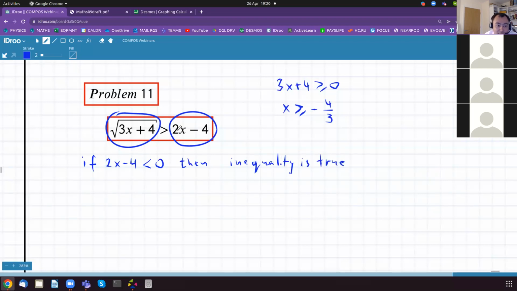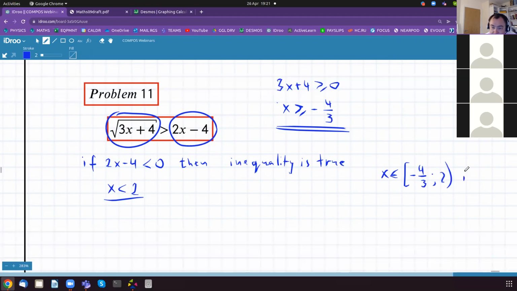It has to be, because if it's a negative value, and this is positive, positive is always bigger than negative. So x is less than 2. All right, so x is less than 2, and so the function only exists if this is true. And the right-hand side is definitely smaller than the left-hand side if this is true. That means x belongs from minus 4/3 to 2 is a solution.